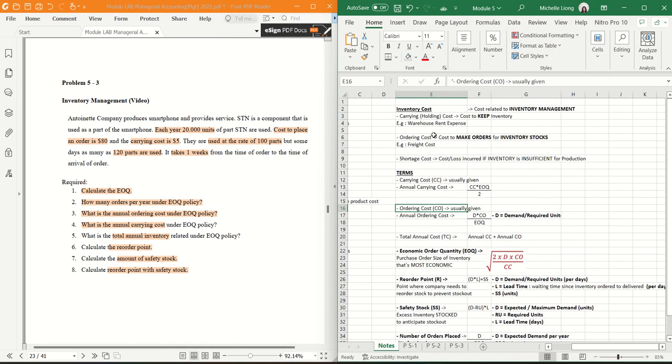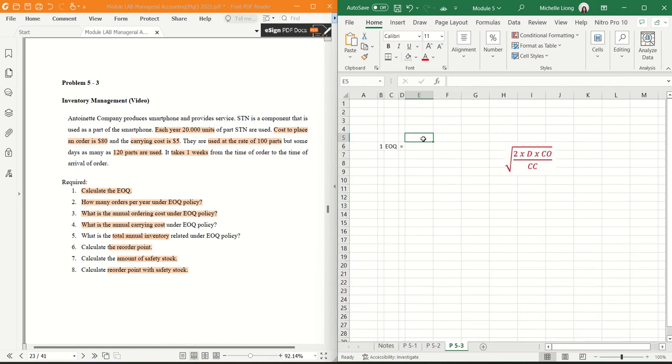Usually it's given, to make orders for inventory stocks for the freight. So CO right here is $80.